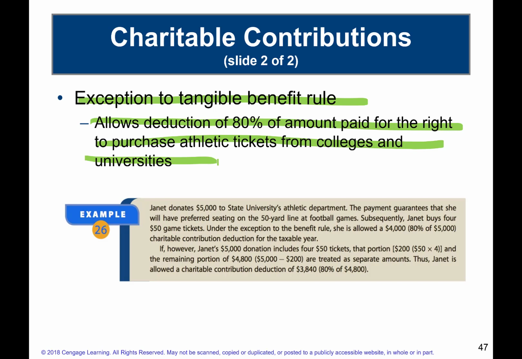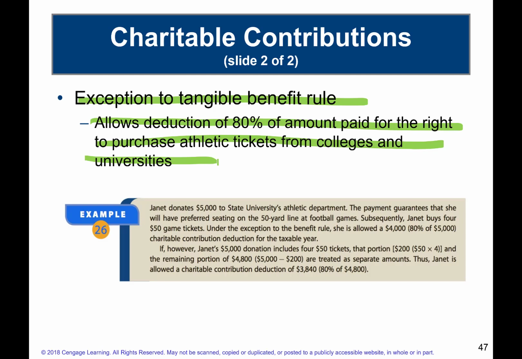Well, you're looking at that and you're saying, well, is that really a contribution, or did you get something of value from that? So the way the tax law solves that one is they will let you take a deduction, but only 80% of that deduction would be allowable because you did get something back, right? The right to buy those tickets. So they'll let you take an 80% deduction for that.